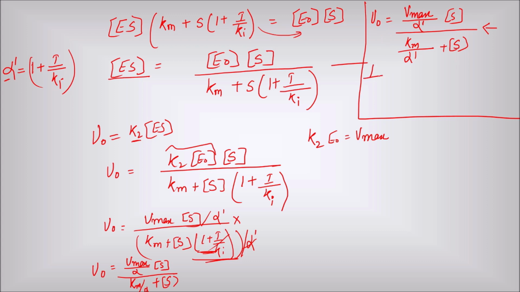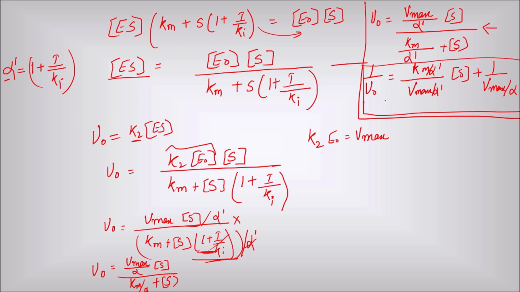So what I will be having is 1 by V naught equals, if I simplify this, Km by alpha divided by V max by alpha dash into substrate, plus 1 by V max divided by alpha dash. Now this will be our equation for the enzyme which is inhibited by the uncompetitive inhibitor.